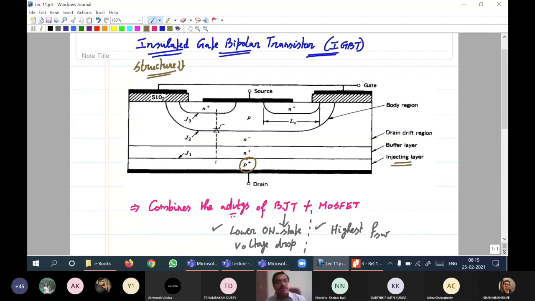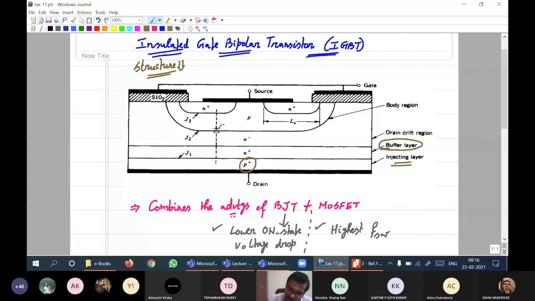And then the other layers: the N plus layer is called the buffer layer, whereas the N minus layer is obviously the drain drift region. And there is the P type body layer, which has a moderate doping level, 10 power minus 16 particles per cubic centimeter, and obviously the N plus source.